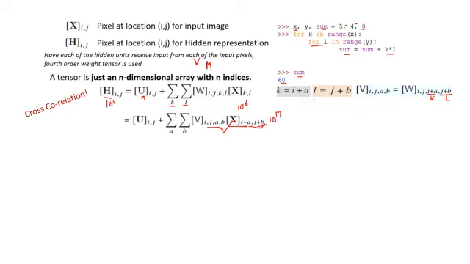The location of the pixels and the adjoining pixels, the pixels in its vicinity, interact in some way. So now we are trying to incorporate that information.